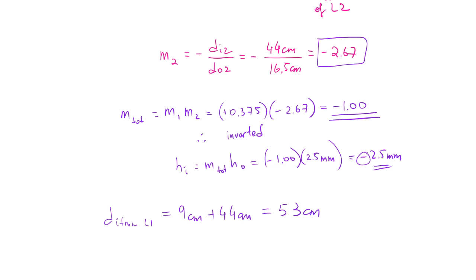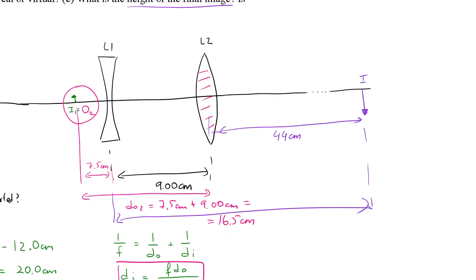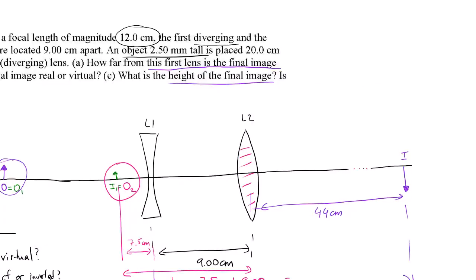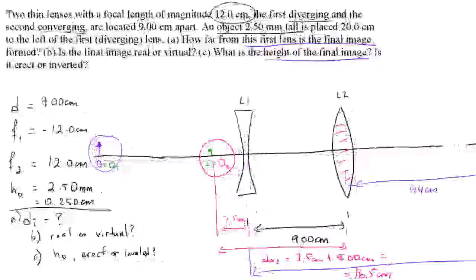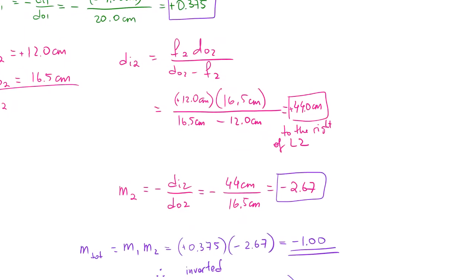So finally, let's just box all our answers. This is for part A, and as an answer, height of the final image is part C, and is the final image real or virtual is part B. We didn't say whether this is real or virtual.